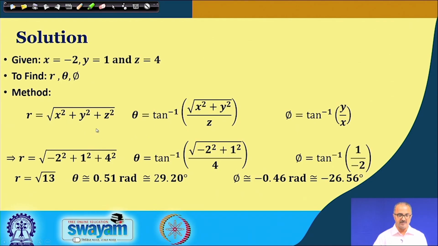For r we write this, theta this and phi this, and we find the value of r is √13, theta is minus 0.51 radian and phi is 0.46. So, what you find is that in the two problems, even though the coordinates remain the same in the Cartesian system, they have different values of the radial distance, theta and phi in the two systems.